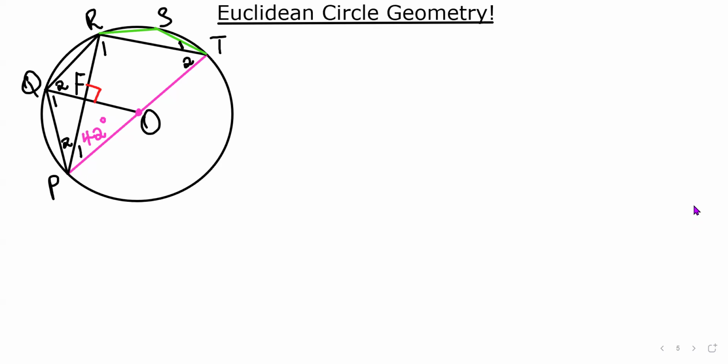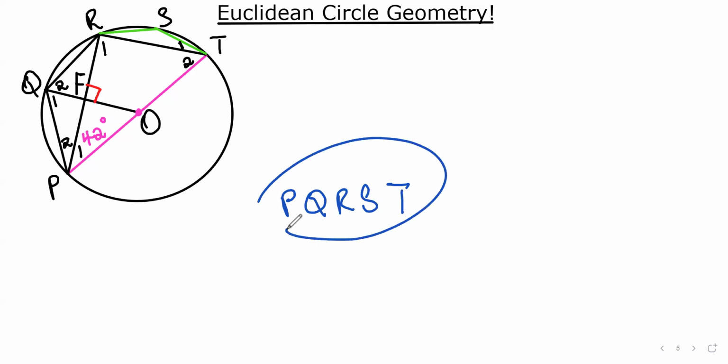These are also cyclic quad. And what is the name of that cyclic quad? PQRST is the cycle. So it's PQRT. PQRT.